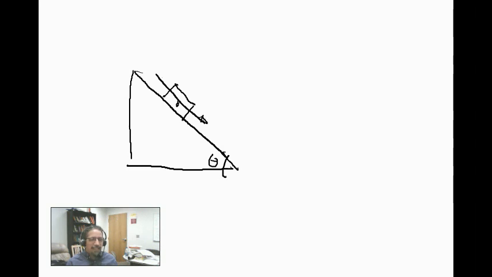So that's my x-axis, and this is my y-axis, perpendicular. And in this case, we typically identify a weight, which points down, and a normal force. And then you might have some other action there. You can have a friction force, maybe, or not, or some tension, or many other possibilities.